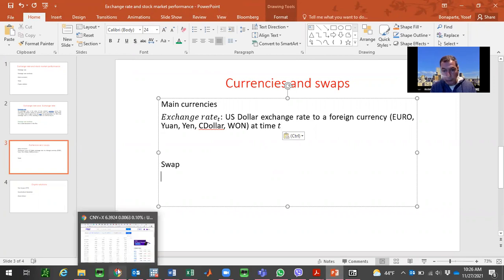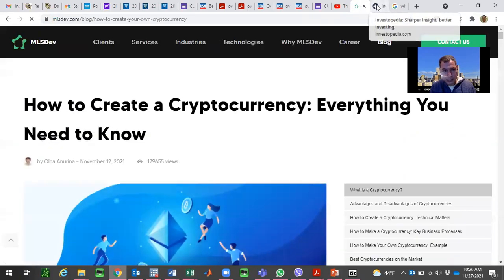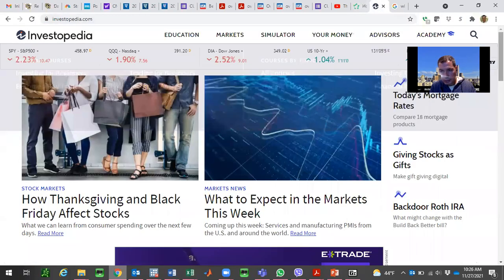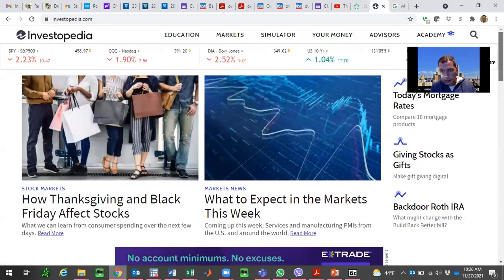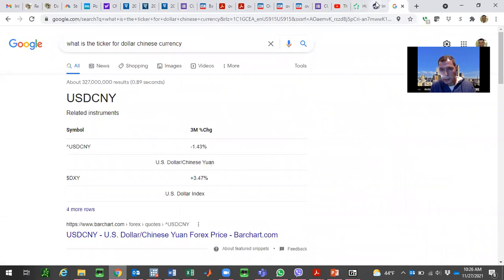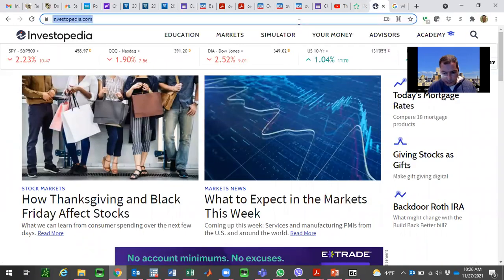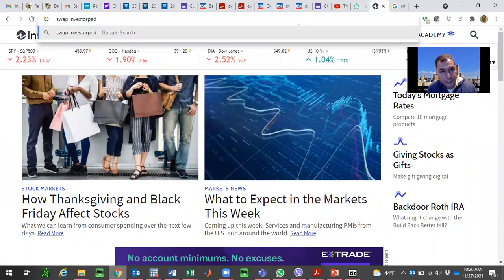Swap, again, we need to go to Investopedia.